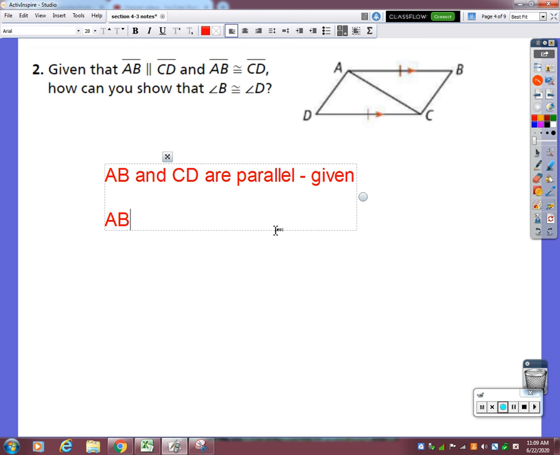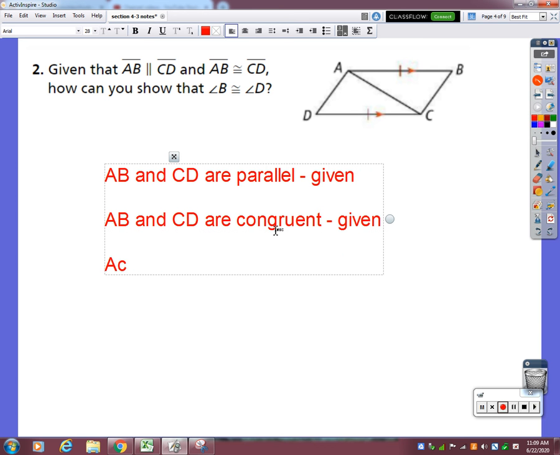And then we also know that AB and CD are congruent, and that's also given to us. I'm going to say that AC is congruent to itself, and I know that by the reflexive property.